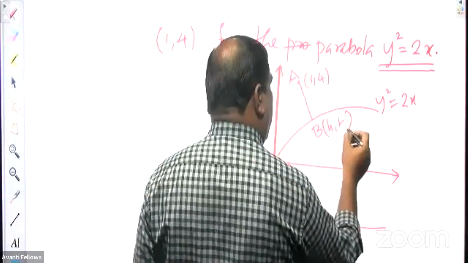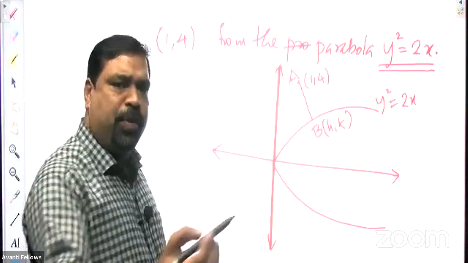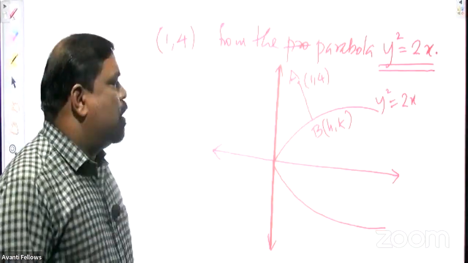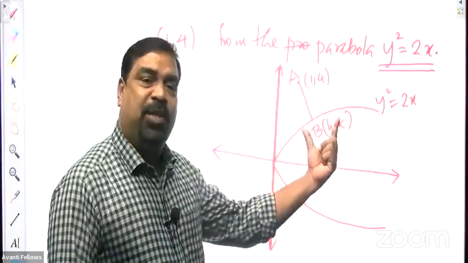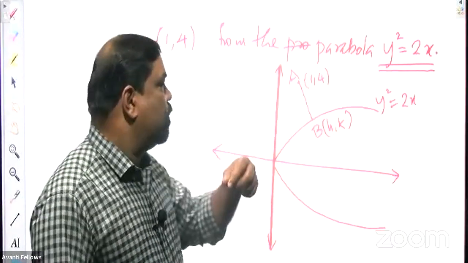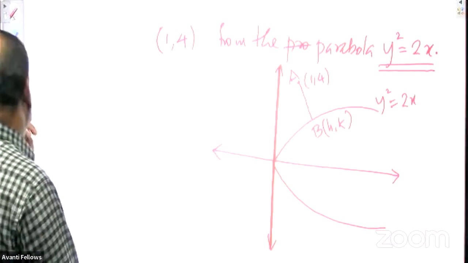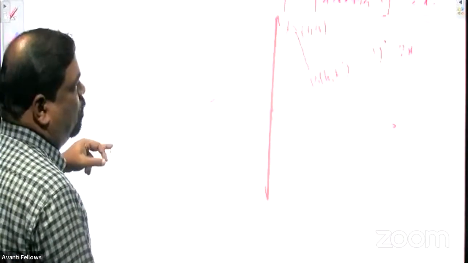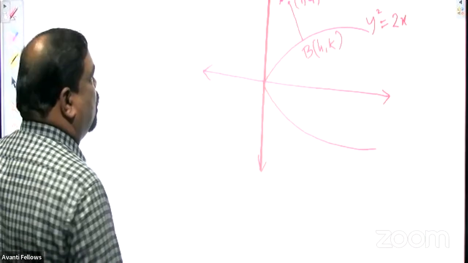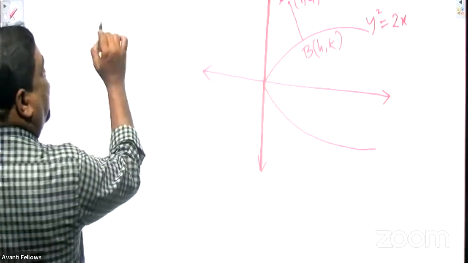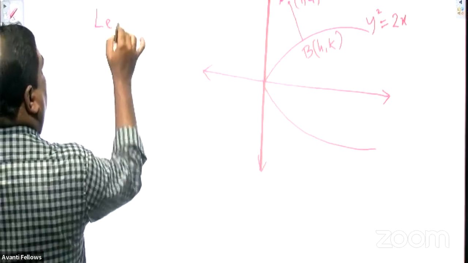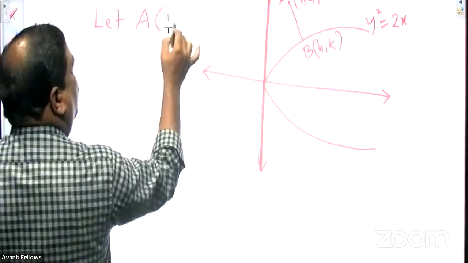Generally, we take hk, or you can take xy also, no problem. So our target is to find the coordinates of the point B, that is h comma k. So we have to start like that. Let capital A be 1, 4.